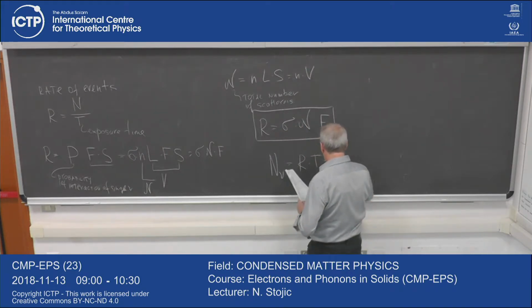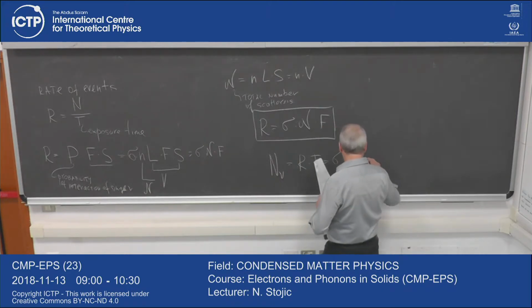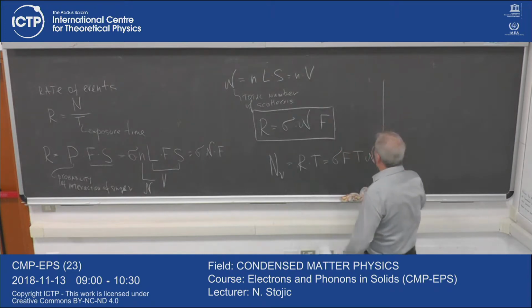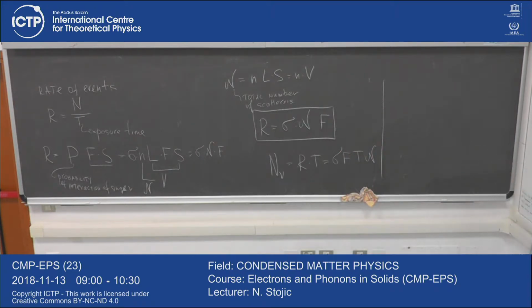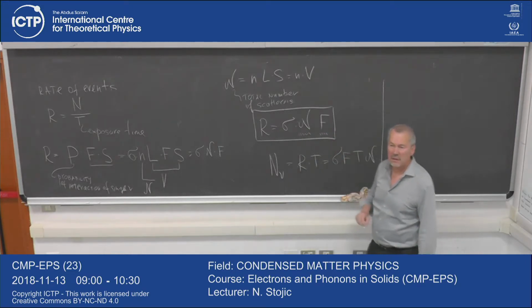And that's given by sigma, F, T, and then N. So from here you immediately see, to increase the number of events, or the rate of events, you need to increase the flux and the size of your detector.